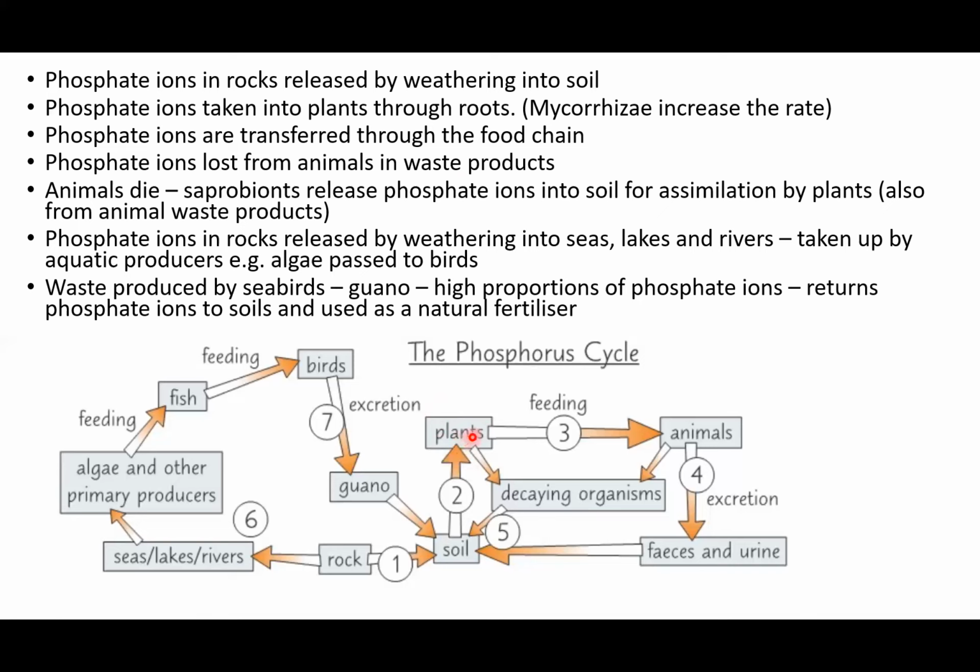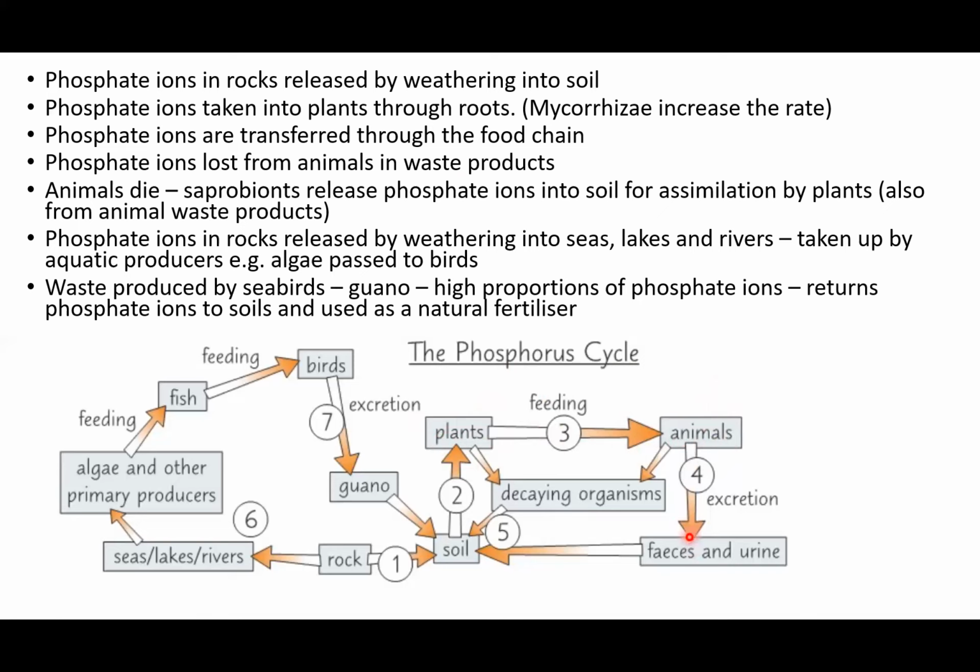These phosphate ions found in the plants are then transferred through the food chain as animals eat the plants and are in turn eaten by other animals. So this whole section here could be quite a long food chain. Phosphate ions are lost from animals in waste production, in the excretion.